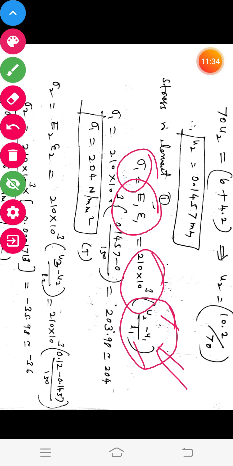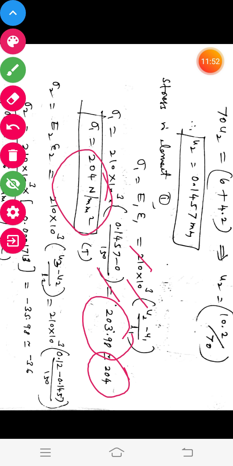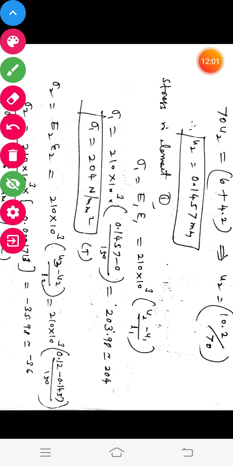With U2 0.1457, U1 0, and element length 150, after calculation we got 203.98, approximately 204. Stress in element 1 is 204 Newton per mm square, that is tensile. Hence a tensile stress of 204 Newton per mm square is induced in element 1.